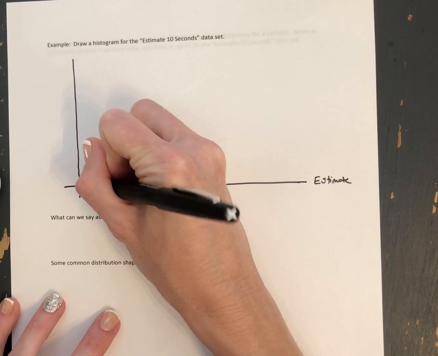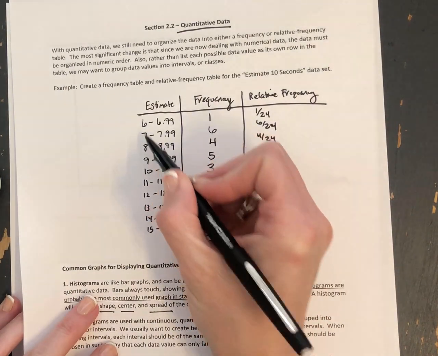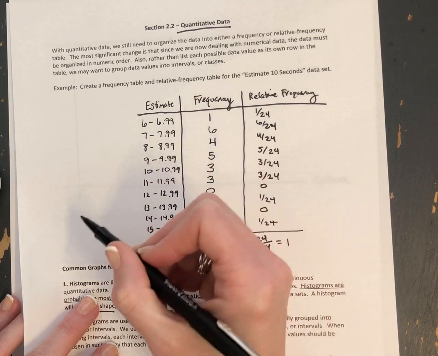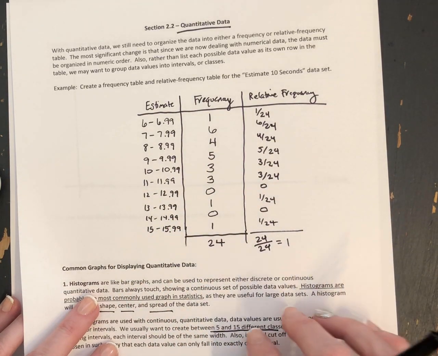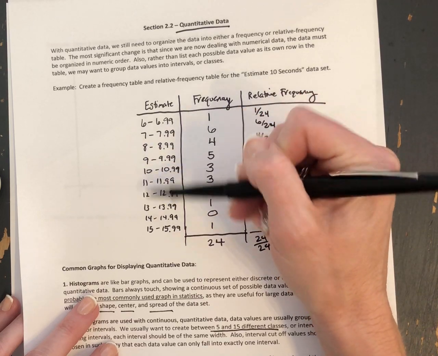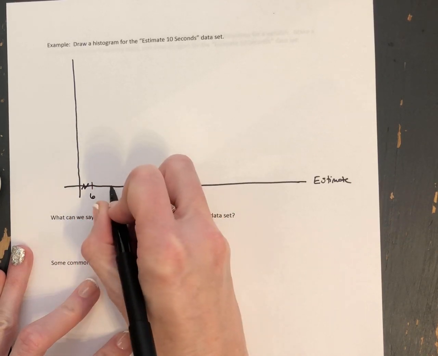And then the way that we're going to do this is we typically are going to use the starting value of each class as a label on our horizontal axis. You'll notice each of our starting values were integer values from 6 to 15, and so we're going to label our axis that way.